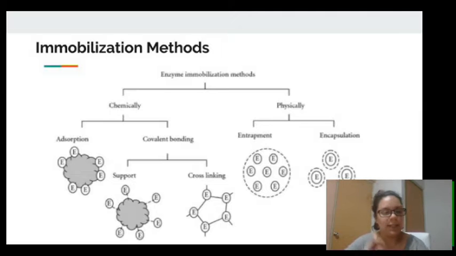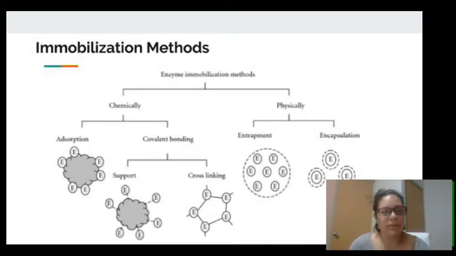As we can see in the image, there are the form and the mechanisms of each method. The physical method that we are going to talk about is entrapment. Entrapment is an irreversible method, and the enzyme can be trapped as support inside of fibers, as we can see in the next image.